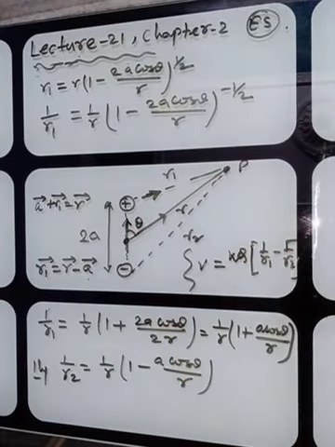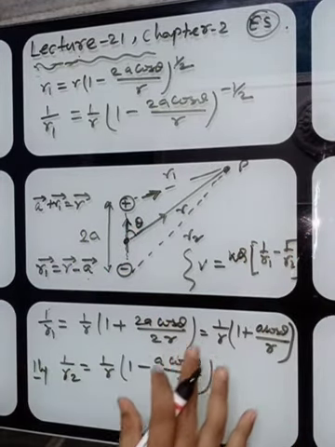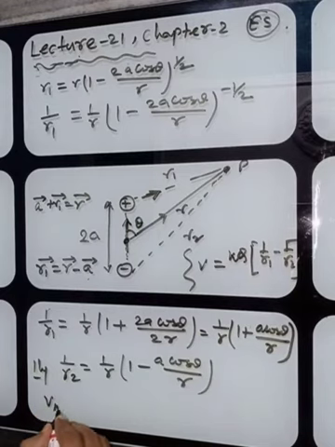Okay, now we have to put this 1 by R1 and 1 by R2 over here to find the V net.